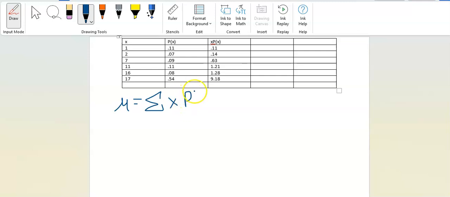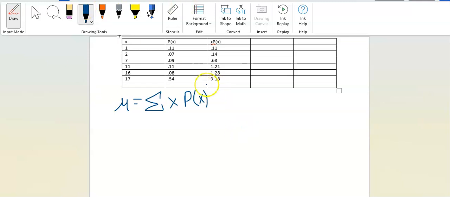Now we just got all of the x times p of x's, and what we need to do is find their sum. We need to add them up and we will have the mean. So I'm just going to add this new column. I'll put all of that in my calculator: 0.11 plus 0.14 plus 0.63 plus 1.21 plus 1.28 plus 9.18, and that gives me 12.55.